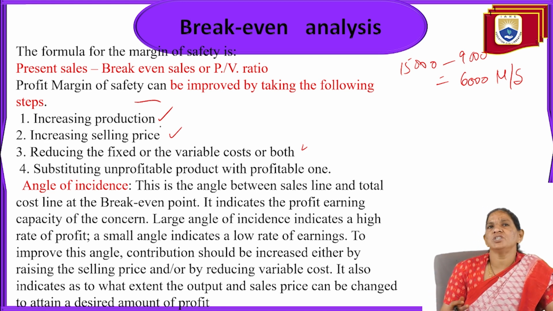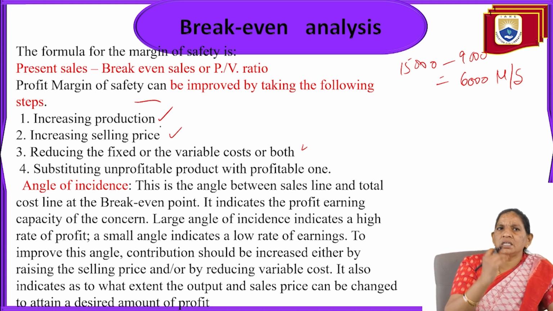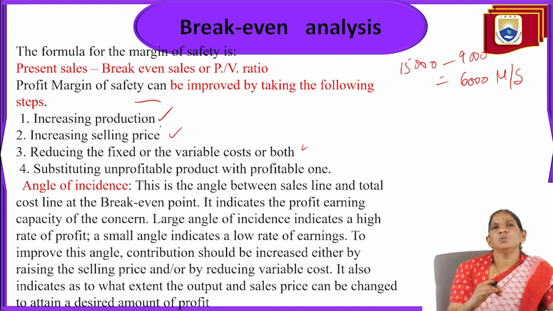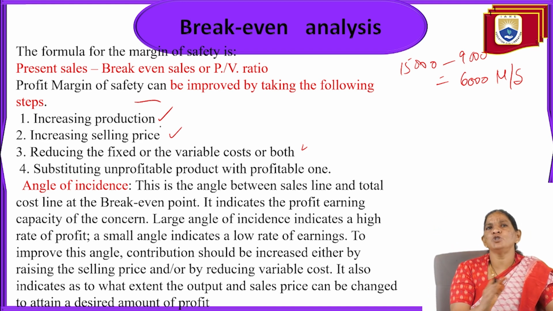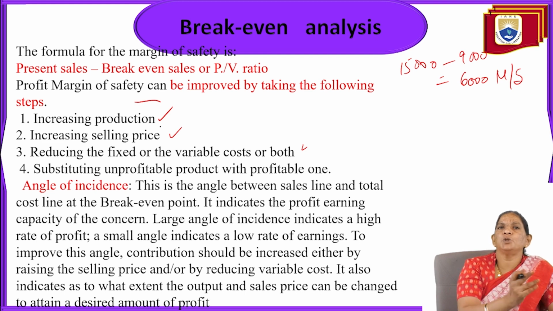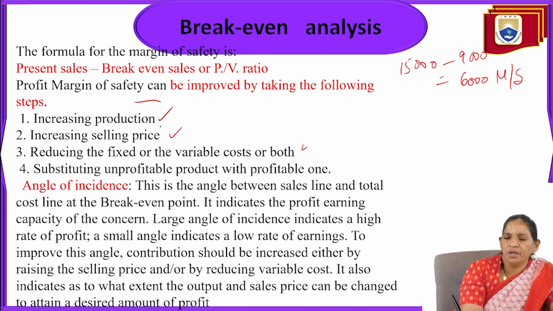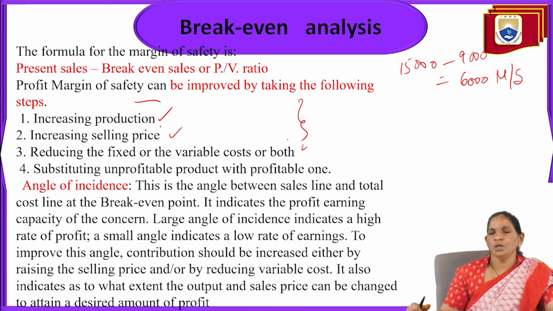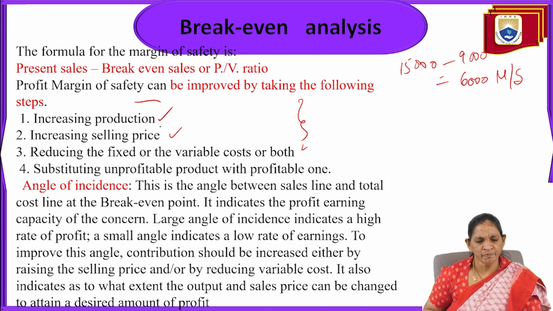When the organization has multiple products, the product which is making a loss will have its production decreased, and the product which is making more will have its production increased. So if we take these steps, we can increase the margin of safety.